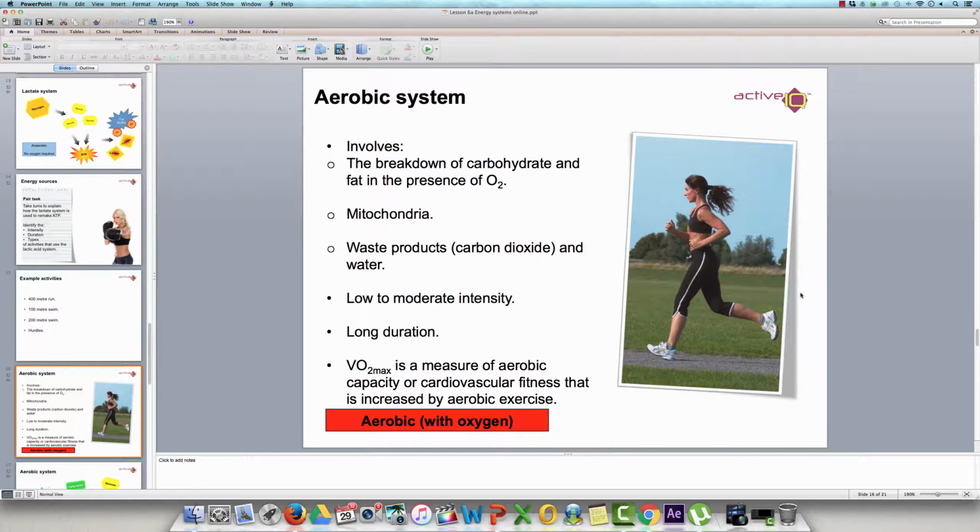And the one other word that I want to pick up on here is mitochondria. Mitochondria are the tiny little structures that you find in cells, and their job is to look after the chemical reaction that releases energy from glucose.